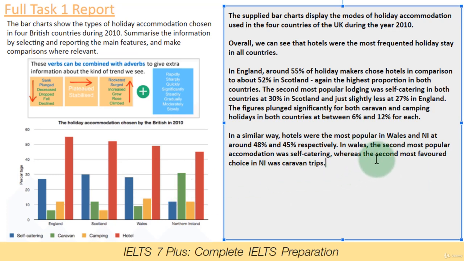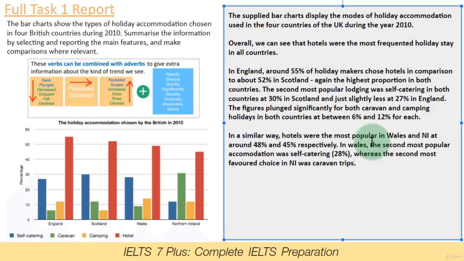So I haven't given the percentage here. I could do, in Wales, the second most popular accommodation was self-catering. You know what? I will with brackets, and I'm going to say here 28%. I quite like using brackets in my writing. It definitely adds a little bit of flair, a little bit of extra showing off your skills.